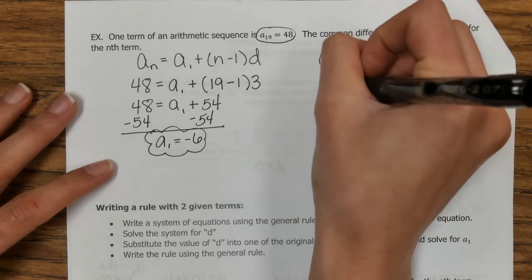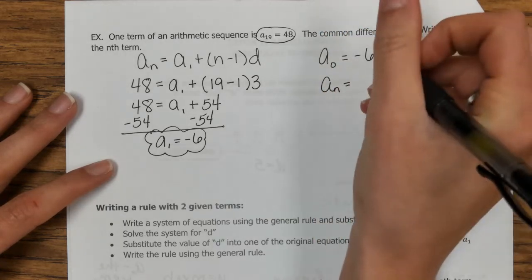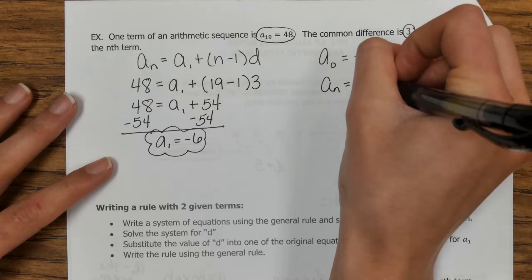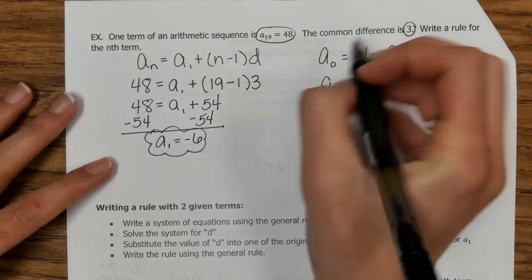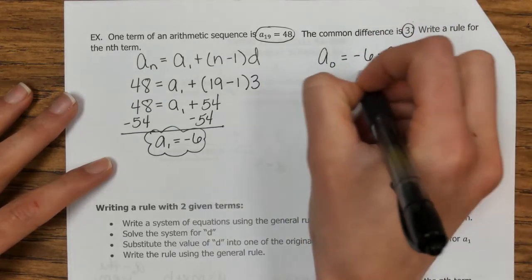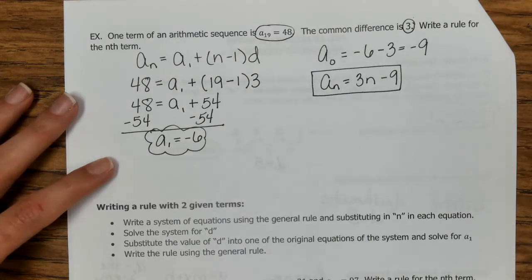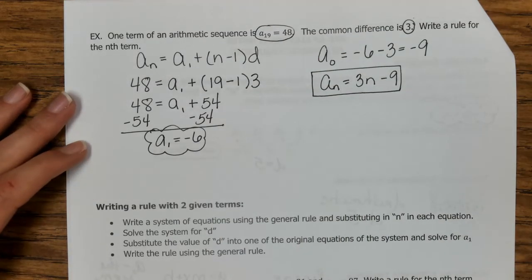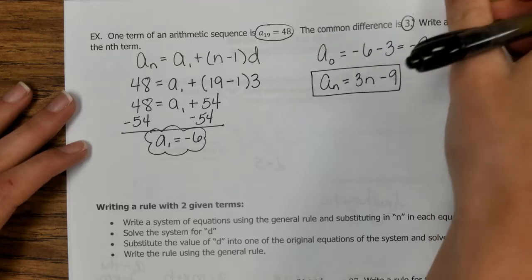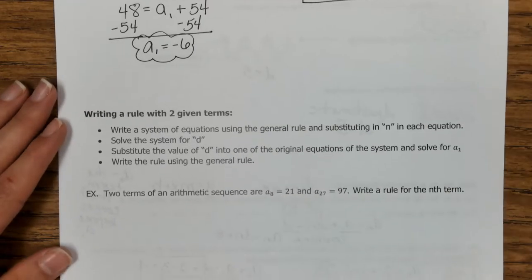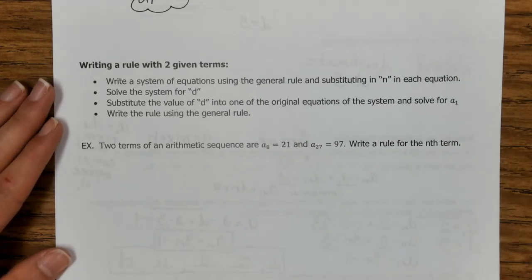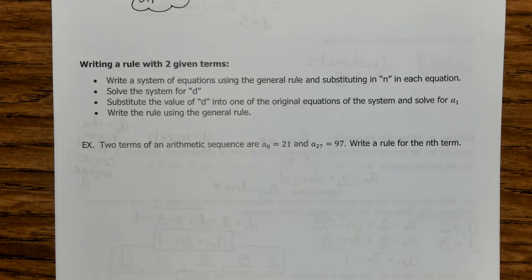So A sub n is equal to 3n minus 9. Y'all good with that?